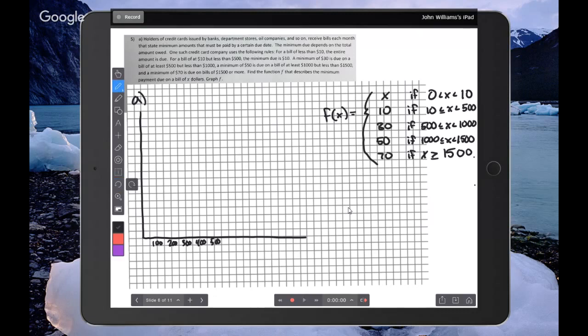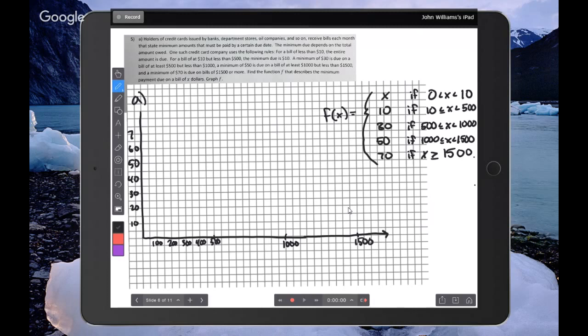Let me redo that: 500, 600, 700, 900, 1,000, 1,100, 1,200, 1,300, 1,400, 1,500. Cool. And my y-axis needs to get up to 70. So 10 bucks, 20 bucks, 30 bucks, 40, 60, and 70.